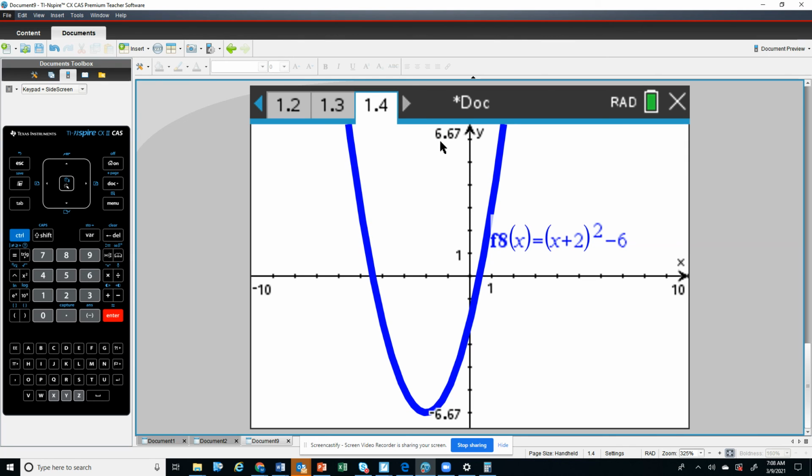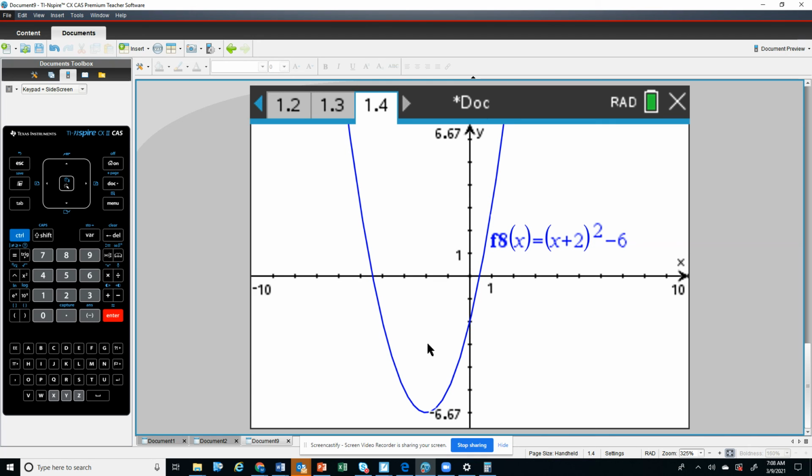Now, I want you to tell me, what would be the new equation for this function if it got shifted up 2 units? If I move this up 2 units, what would be the new equation?